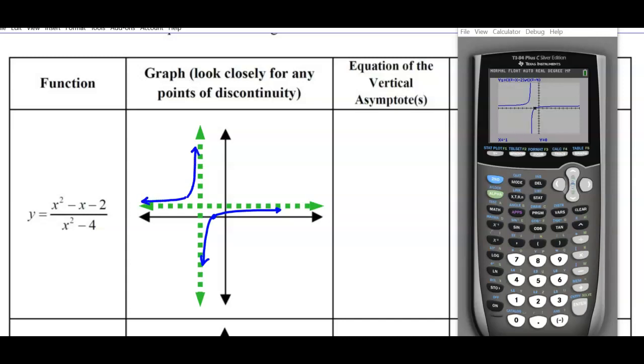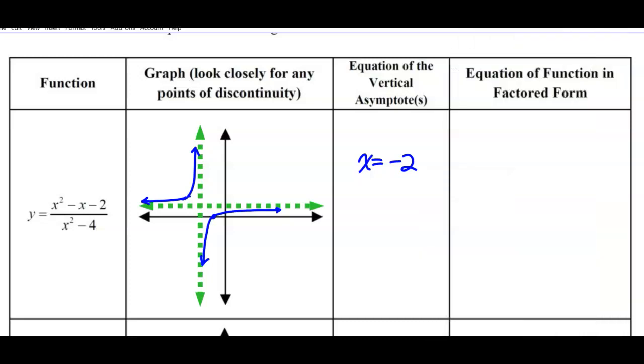Remember, we're just doing a sketch here. Okay, so the equation of this vertical asymptote is actually only 1. Even though we think that there's 2, there's only 1 vertical asymptote. So factor it and see why there's only 1.